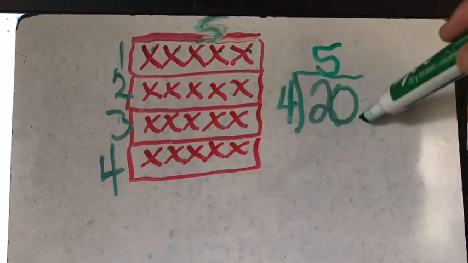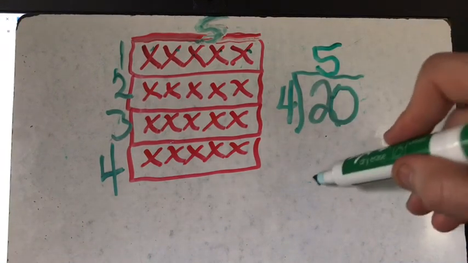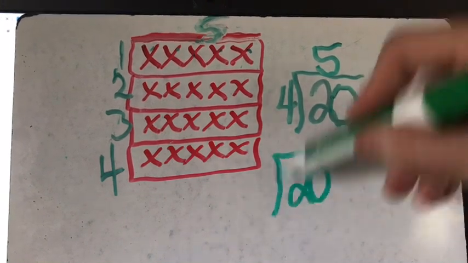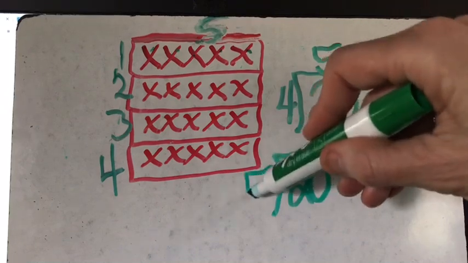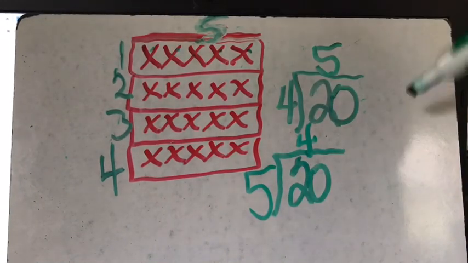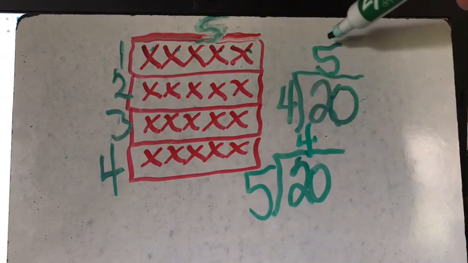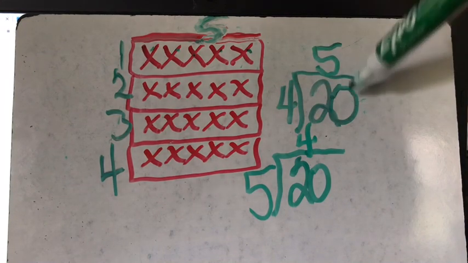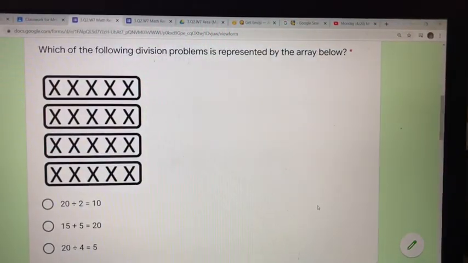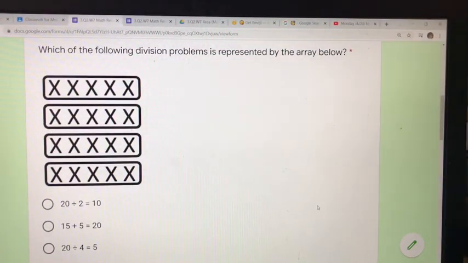So 20 divided by 4 is 5, or the opposite, 20 divided by 5 going across will still give us 4 here. Because it's a fact family, I can use 4, 5, and 20. So our answer will be the choice with the 20, the 4, and the 5.